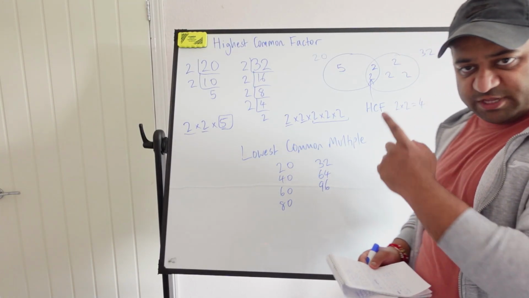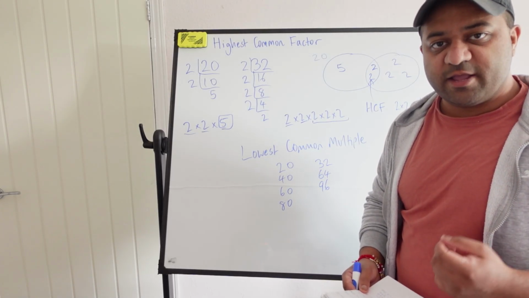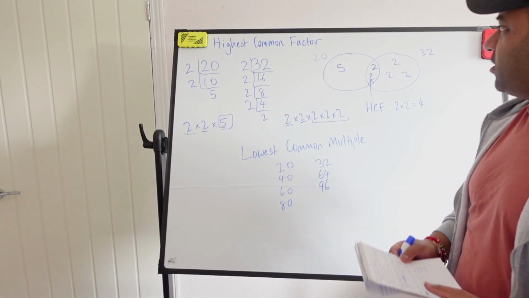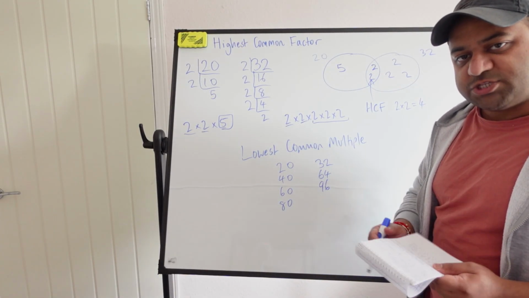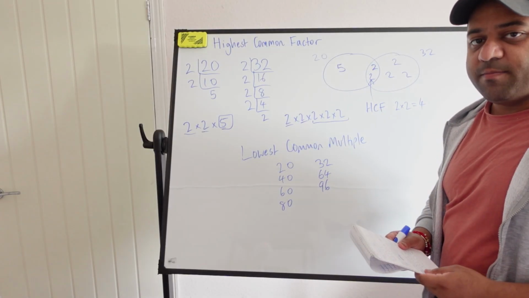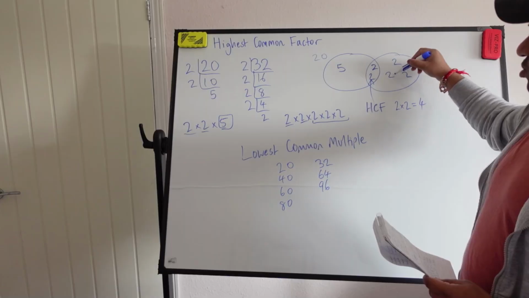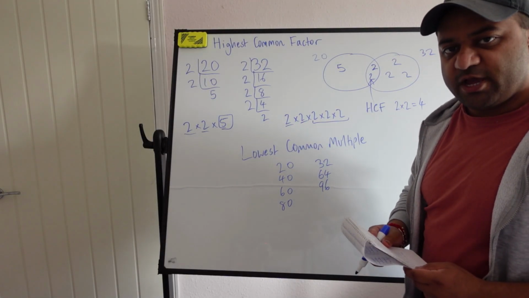However, with this Venn diagram, we can also use the list of the factors to help us get that. So how do we do this? Well, we simply multiply all the numbers together inside this Venn diagram. So this number 5, 2, 2, 2, 2, and 2 will multiply together.